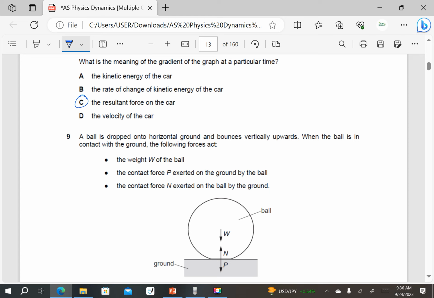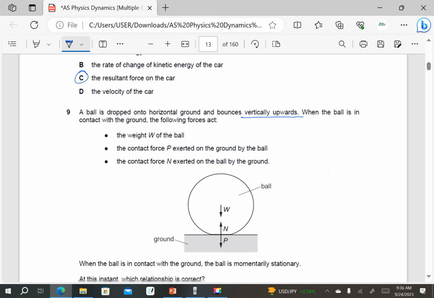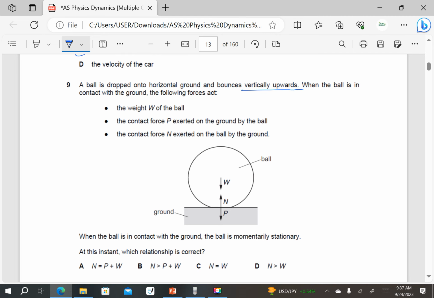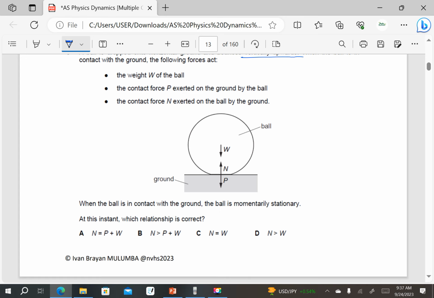A ball is dropped onto horizontal ground and bounces vertically upwards. When the ball is in contact with the ground, the following forces act: the weight of the ball, the contact force P exerted on the ground by the ball, and the contact force N exerted on the ball by the ground. When the ball is in contact with the ground, it is momentarily stationary, for a small period of time.